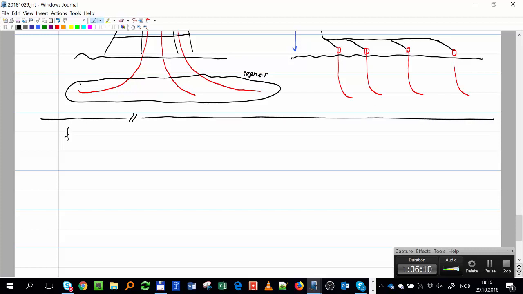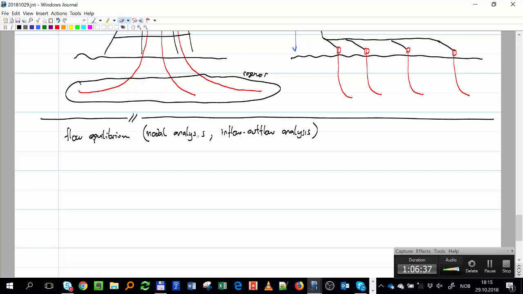This concept is called flow equilibrium. Some people also call it nodal analysis. Some people call it inflow, outflow analysis.